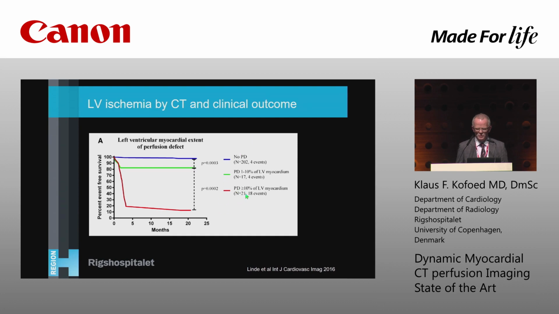You can of course notice that this was just more than 10%, whereas at PET we reached the 20% threshold. So we don't really know what the threshold is for a poor outcome if you have ischemia. But I'm just stating the fact that with static perfusion, you do have prognostic information.